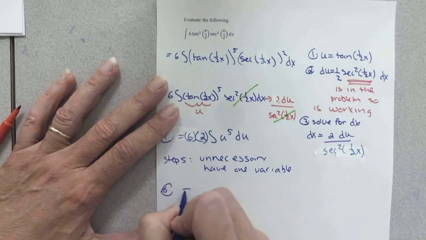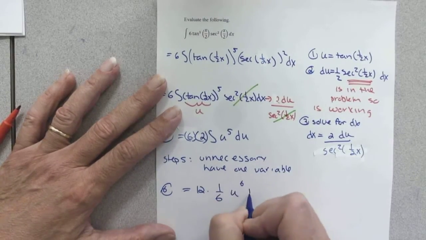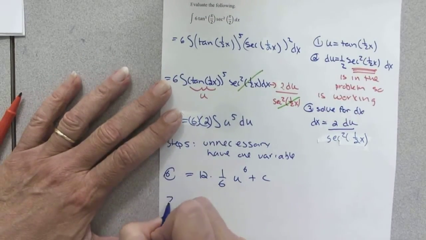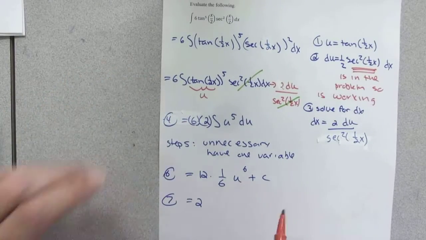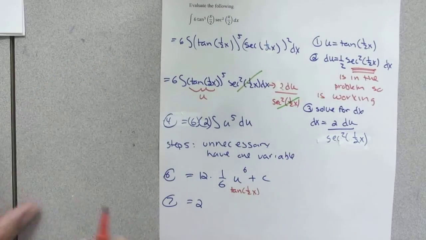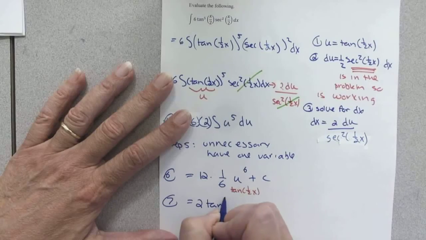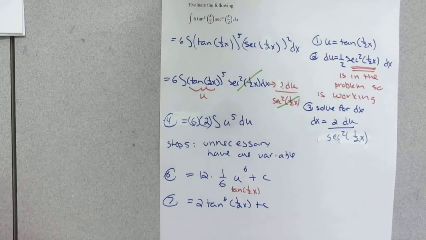So 6 times 2, integrating, that's going to be 12. Increase the exponent by 1, multiply by the reciprocal of the new exponent. 12 divided by 6, that's going to be 2. And then u was tangent of 1/2 x. So I have 2 times tangent to the 6th of 1/2 x plus c.